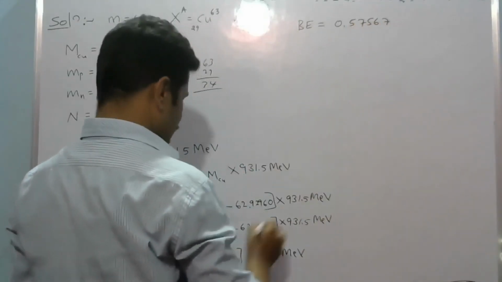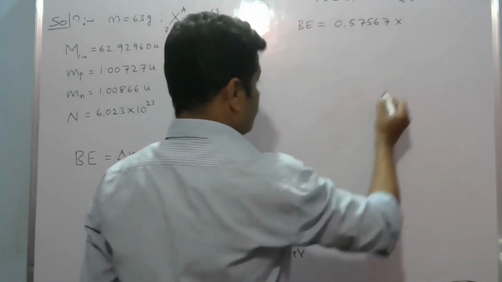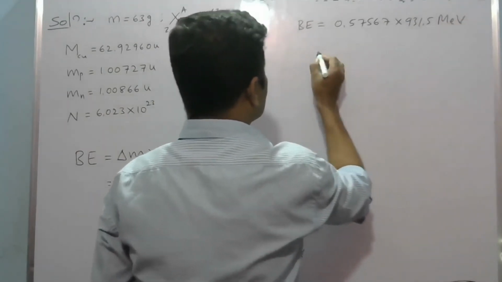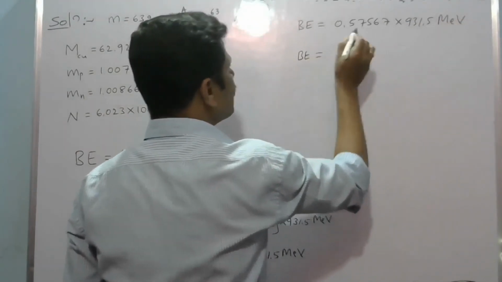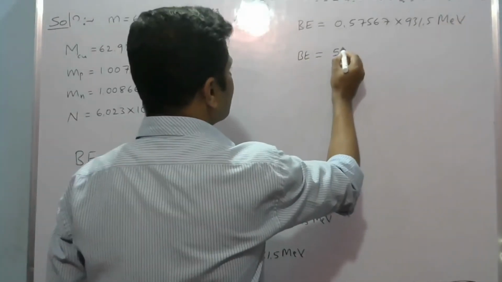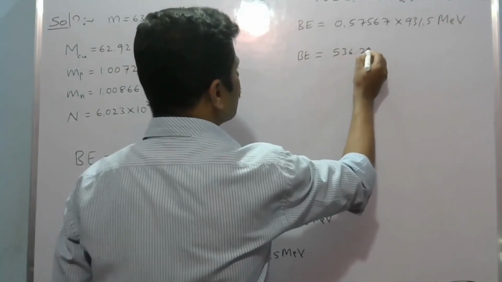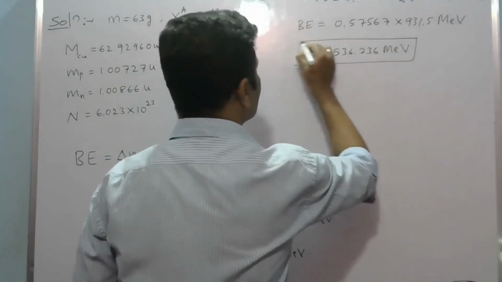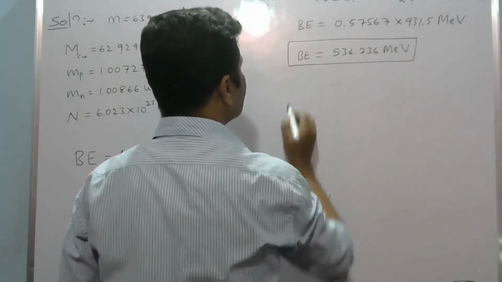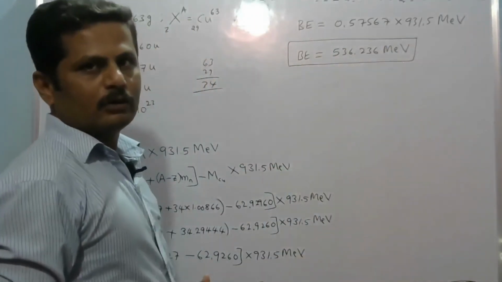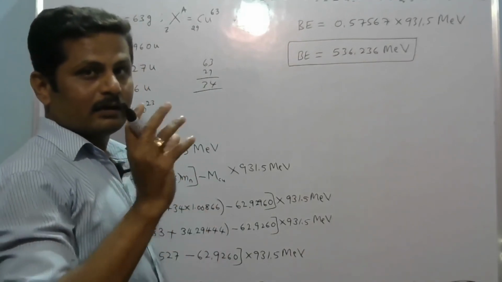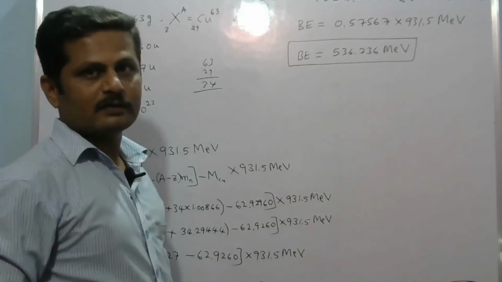0.57567 into 931.5 mega electron volt. So on simplifying, we get 536.236 mega electron volt. This is the binding energy of the atom. That means to separate protons and neutrons from a single nucleus, this much amount of energy is required.